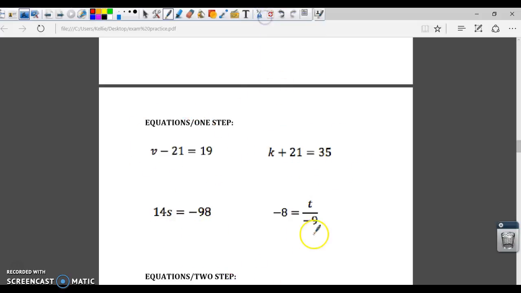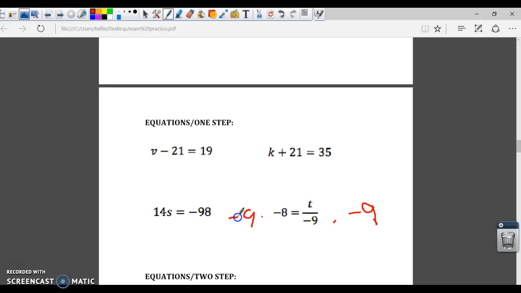Same rule applies for when you see fractions. Fractions mean division, so you'll do the opposite of what you see. So in order to get t by itself, I got to get rid of this negative 9, right? So what I'm going to do is multiply by negative 9 on both sides. Hopefully this looks familiar. And if it doesn't, if it's going too fast, remember, other hard academies take this a lot slower from the beginning of the year when we were first doing this.